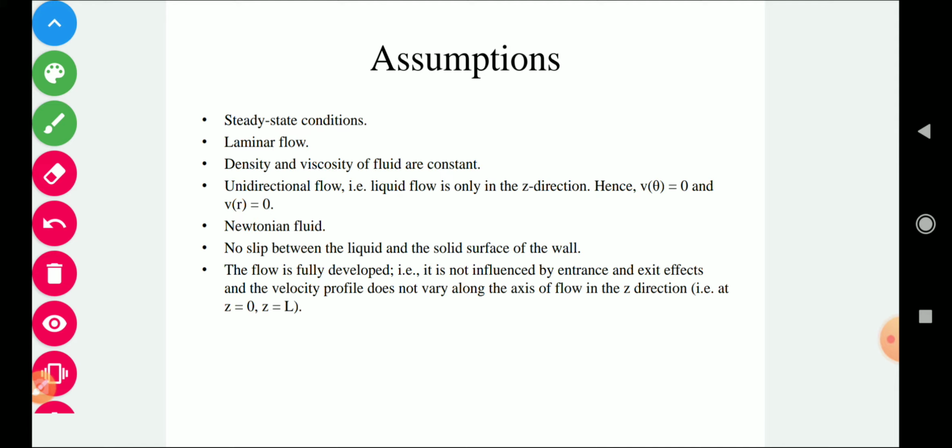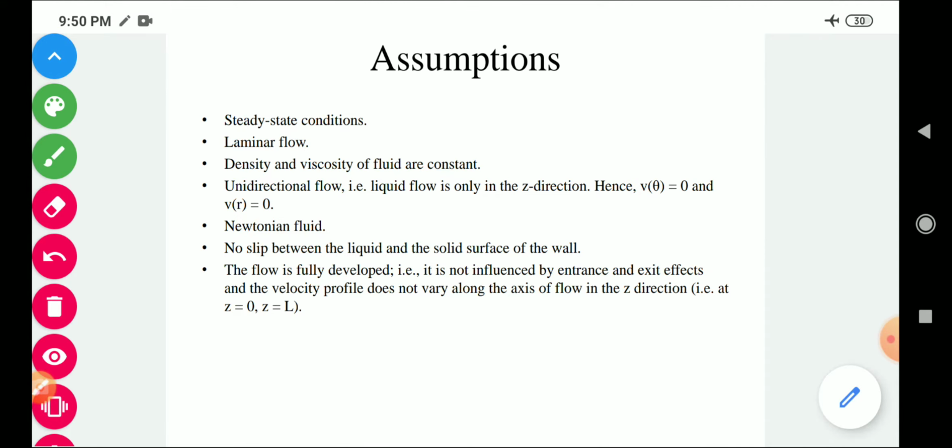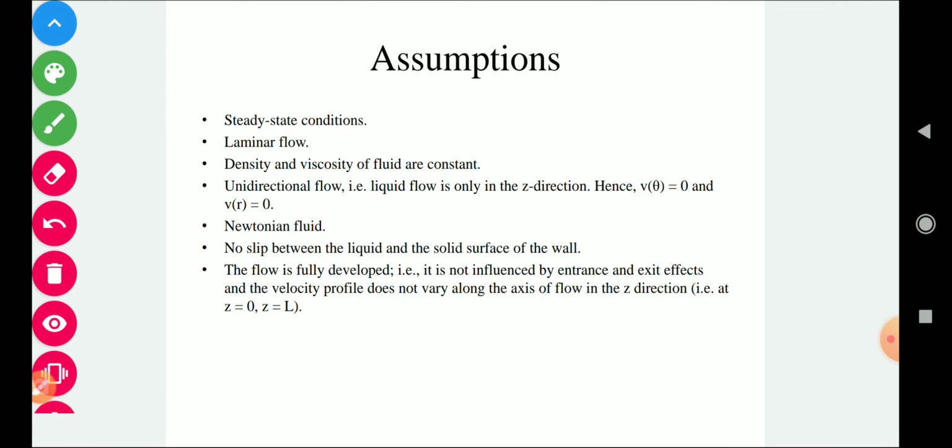It means the fluid layer which is in contact with the solid wall has 0 velocity due to the no slip condition. And the last assumption is that the flow is fully developed. The flow is fully developed, it means there is no velocity variation along the z direction.